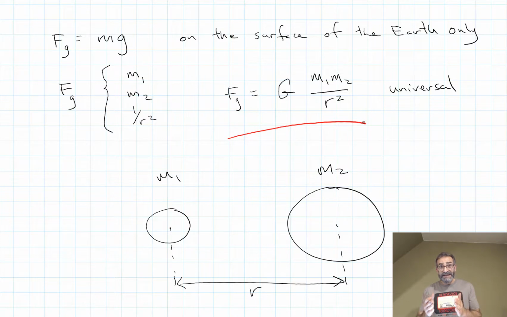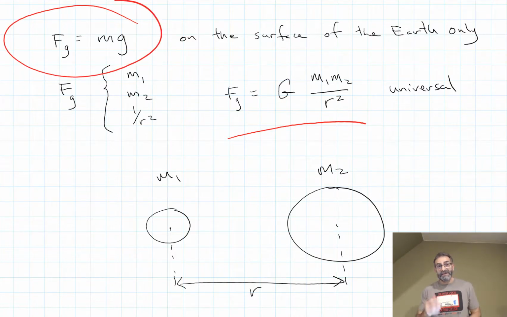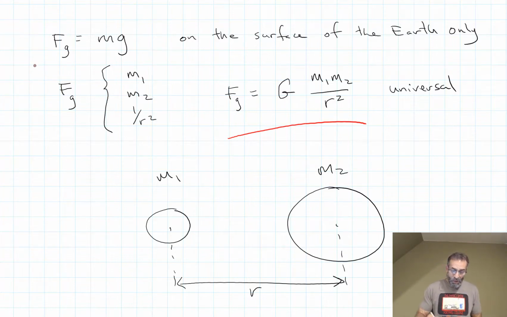It would be the radius of the Earth. And that should give us the force of gravity on the surface of the Earth. It shouldn't matter which equation we use. One of these equations only works between an object and the Earth when that object is sitting at the surface of the Earth. The other one works for any two objects, any place. So when the object is sitting on the surface of the Earth, they should agree.